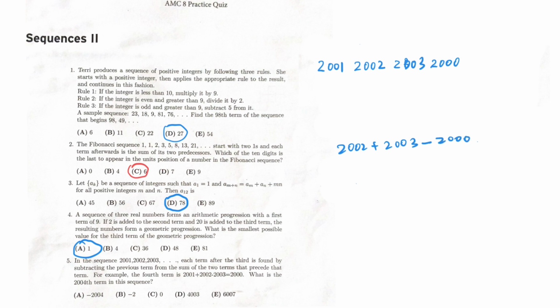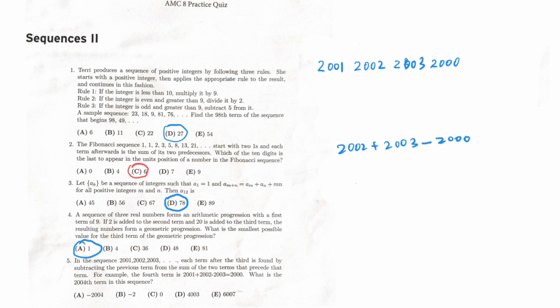That is 2005. And the next term will be 2003 plus 2000 minus 2005. That is 1998. So next term is 1998.